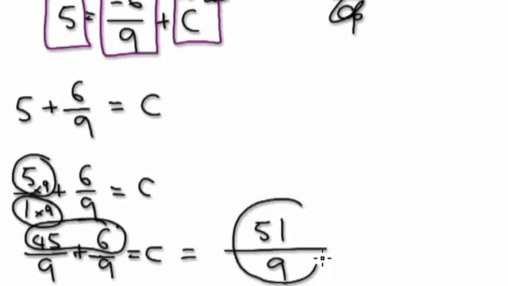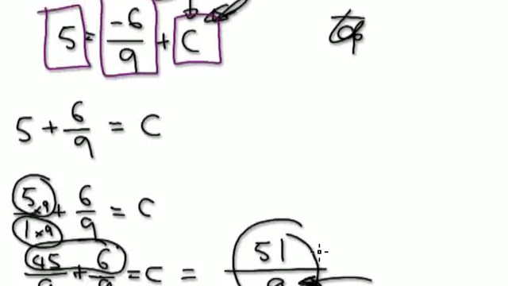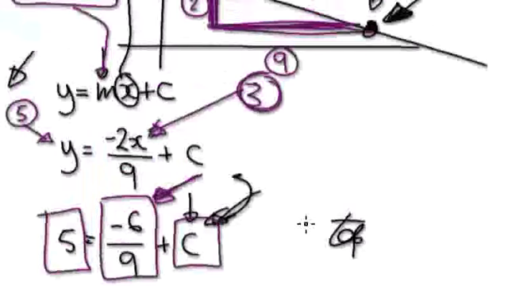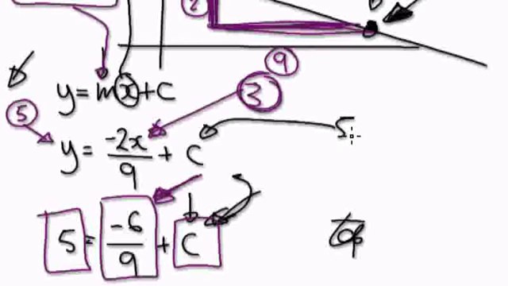So c now is 51 over 9. You see what I mean about 9 being at the bottom? So the intercept is 51 over 9. You see, for some reason, this 9 here is the same as this one here. So that's why I told you not to bother simplifying.